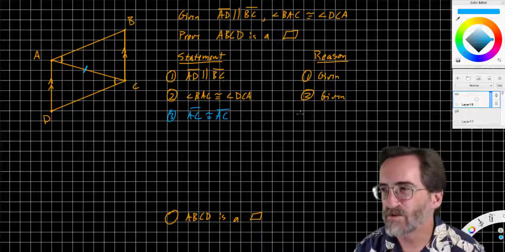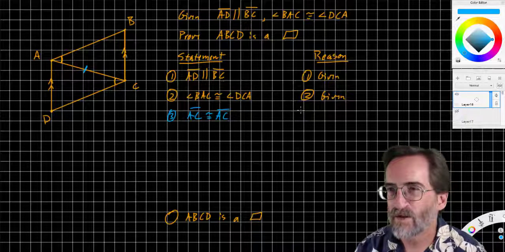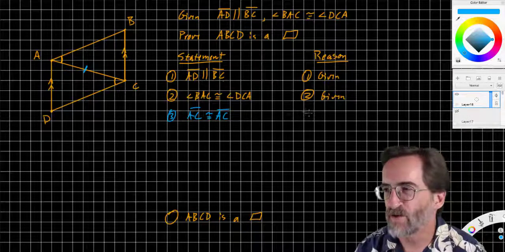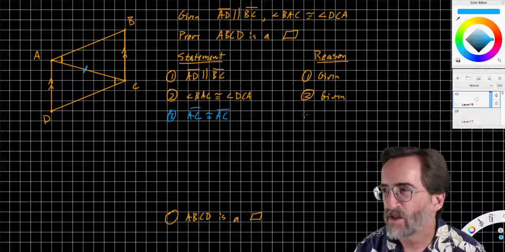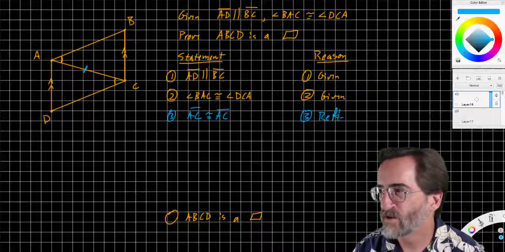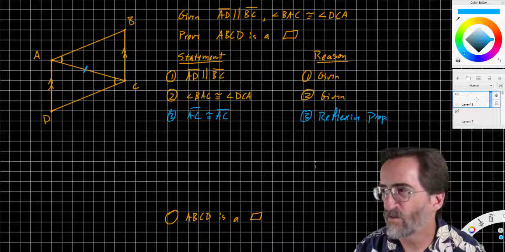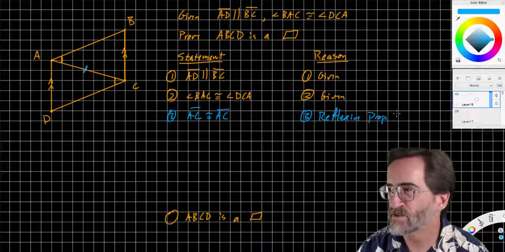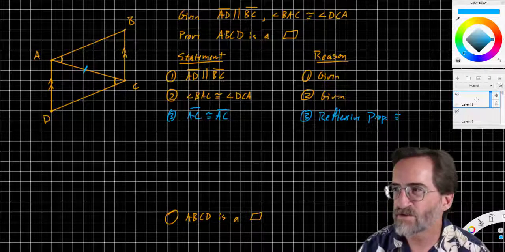There's lots of ways to do this here, but I'm going to go with that. I just realized there's a simpler way to do this, but I'm going to go with this. Reason 3 is called the reflexive property of congruence. Anything's congruent to itself.